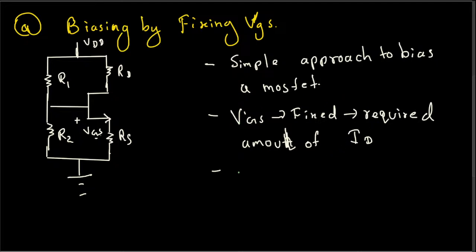Then once it's reached, we set that one to be constant. So it will get fixed after it reaches this required amount of ID. So VGS is increased till the required amount of ID, that's the drain current, and once the sufficient ID is reached, we set the VGS to be constant.